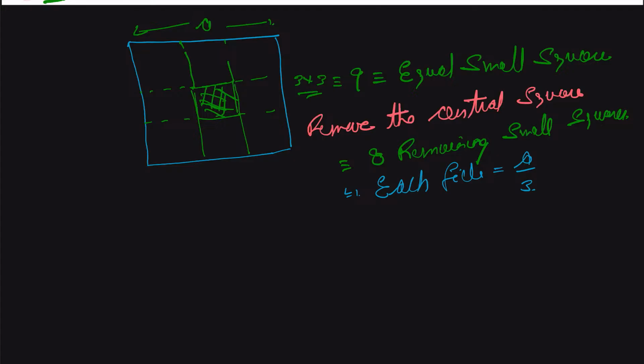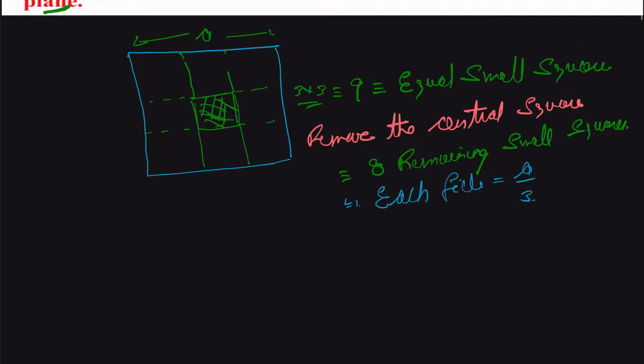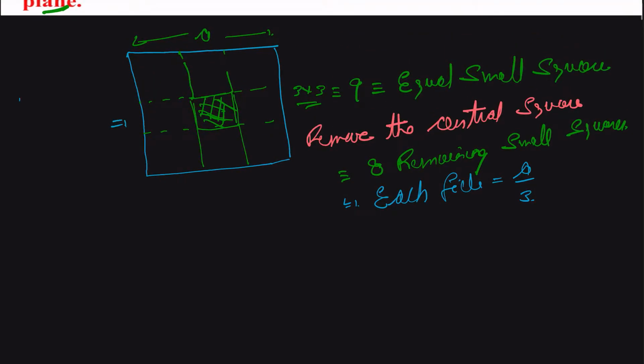And similarly, in the second iteration also, we have the remaining 8 squares, and we are going to divide each into 3x3 and remove the central square, and this process will be continuous. Okay, so this was our first iteration, or we can say first step, in which we remove the central one.